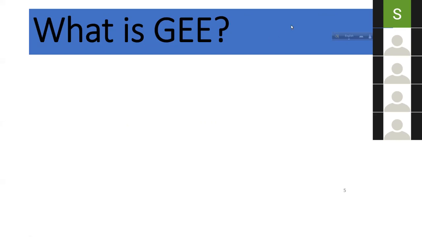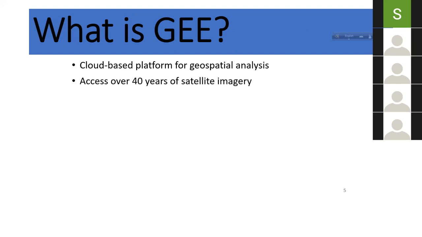Okay, so first thing, what is GEE? Google Earth Engine, GEE for short, is a cloud-based platform where Google has made a vast amount of remotely sensed data accessible. It holds over 40 years of satellite imagery in its datasets.